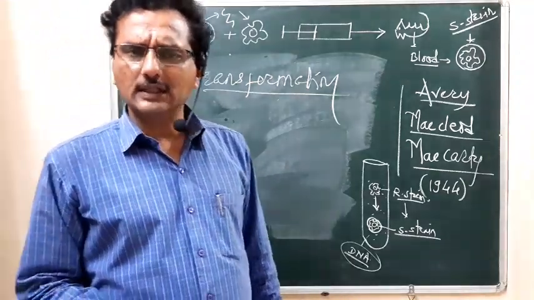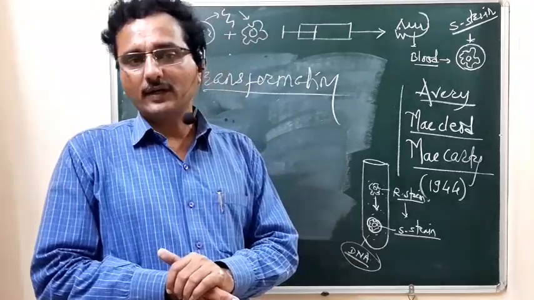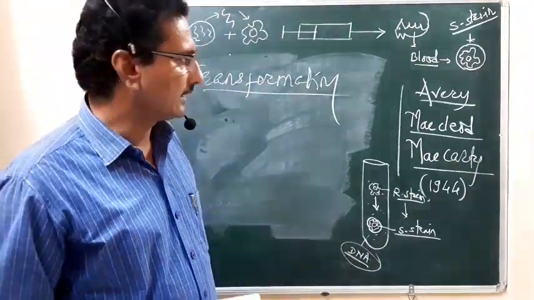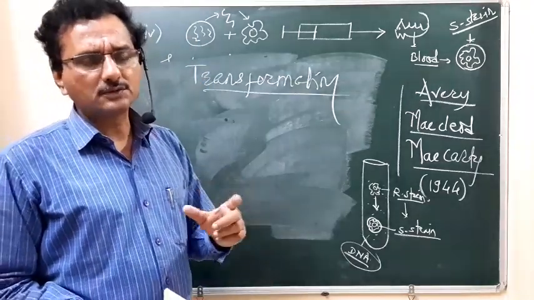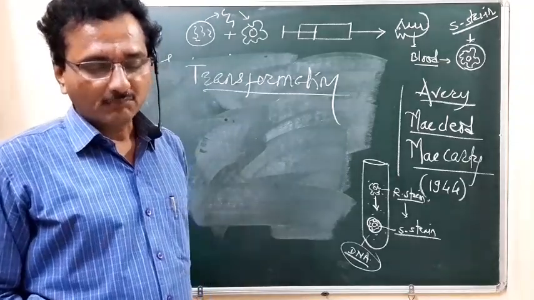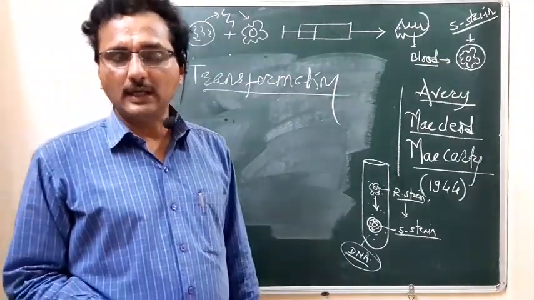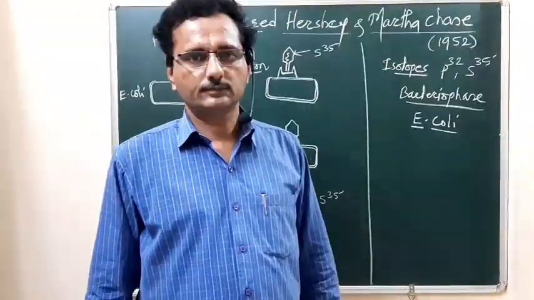So what was the experiment performed by the scientists Alfred Hershey and Martha Chase with respect to the transfer of the genetic material? So let's see the experiment performed by the scientists Alfred Hershey and Martha Chase.